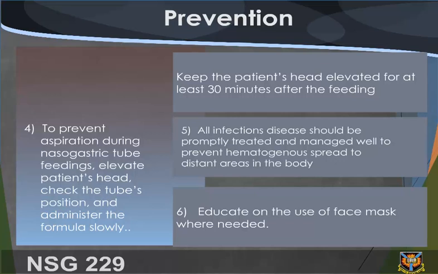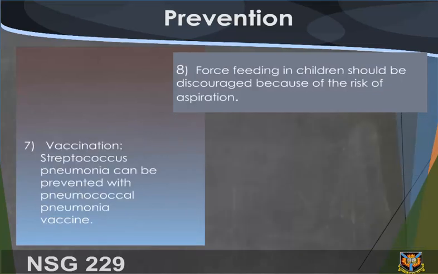Keep the patient's head elevated for at least 30 minutes after the feeding. 5. All infectious diseases should be promptly treated and managed well to prevent hematogenous spread to distant areas in the body. 6. Educate on the use of face masks where needed.